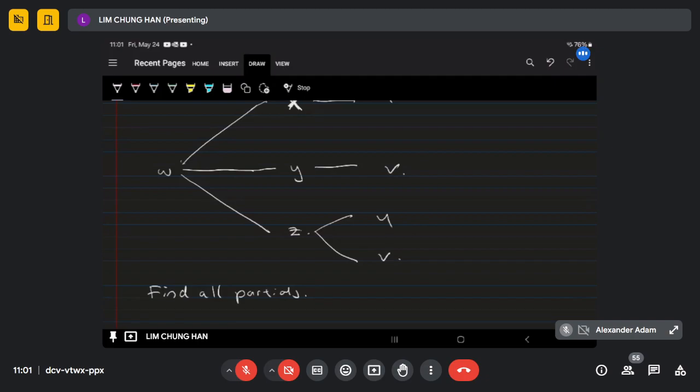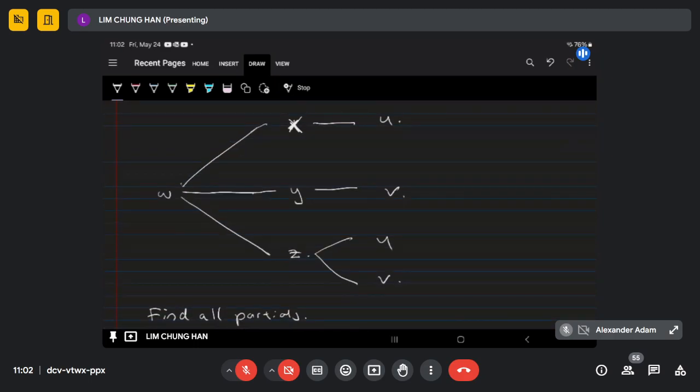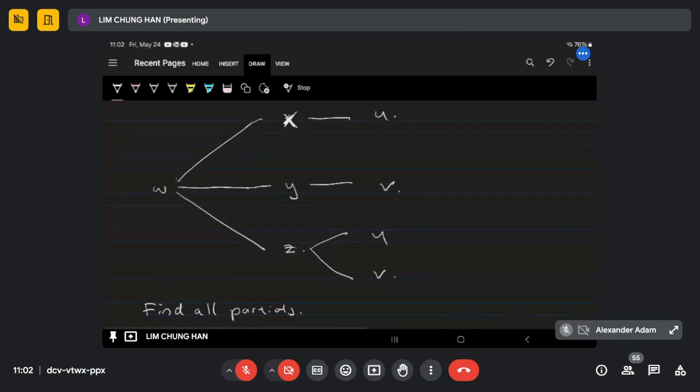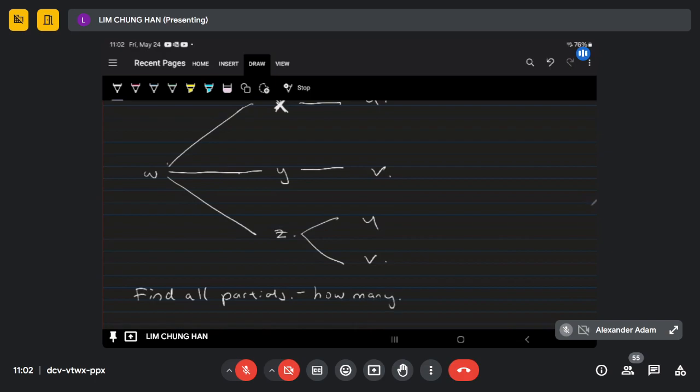Could be 1, could be 2, could be 3, could be 4, could be 5. You need to ask yourself, how many partials are you expected to work out? I'm asking you to find all, but I didn't say how many, so you're the one who needs to work out how many partials there are.